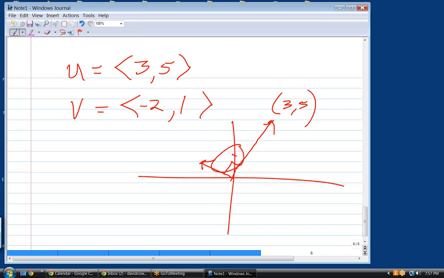We could figure out this angle. There's actually 2 ways to figure out that angle. There's the super complicated formula they give you in the book, but the way I much prefer is to figure out the direction angle, figure out that theta, figure out that alpha, and subtract the 2 of them.